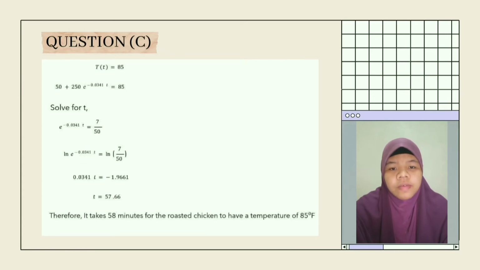Then, solve for T. e power of negative 0.0341 T equals 7/50. Then, we put ln on both sides. So, the final answer for T is 57.66. Therefore, it takes 58 minutes for the roasted chicken to have a temperature of 85.